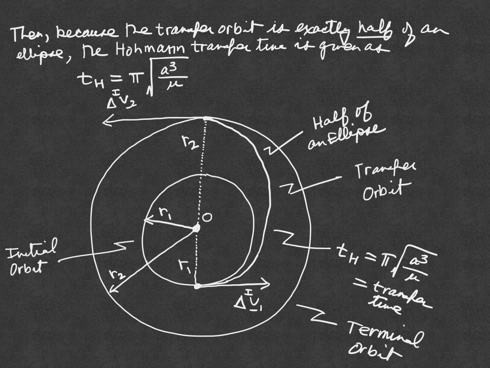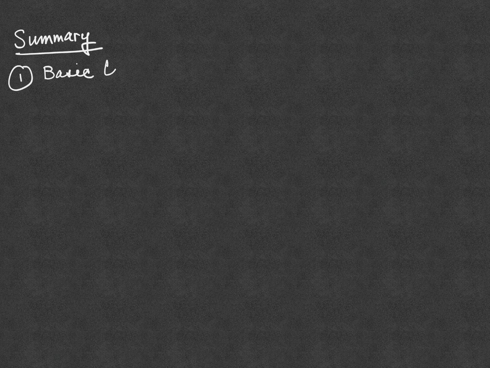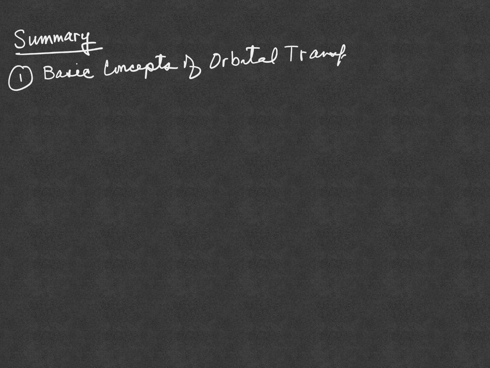And that takes us to the end of the study of the Hohmann transfer. So that takes us to the end of this lecture, and we can summarize this lecture as follows. First, we provided the basic concepts of orbital transfer. Next, we described impulsive orbital transfer.